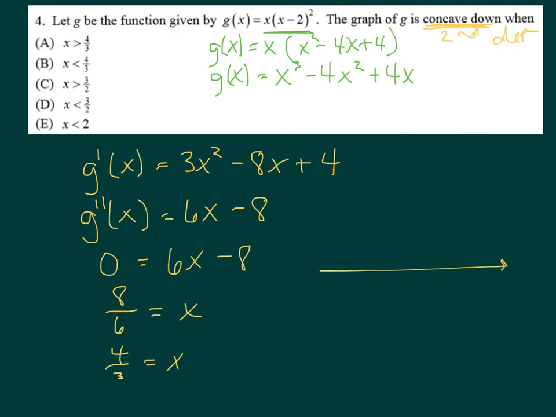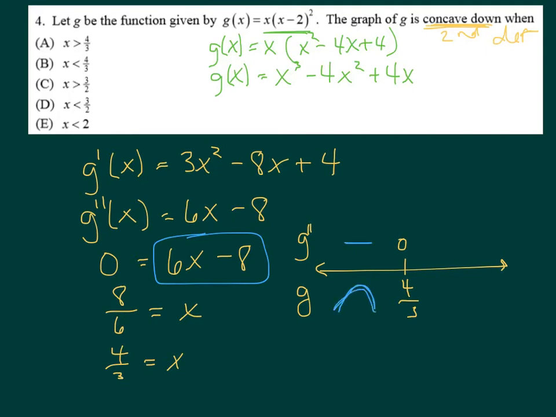All right, so now I'm going to go ahead and set up my sign chart, but this time it's for the second derivative. Okay, so obviously 4/3 goes on there. And I'm looking for a number less than 4/3 to test and bigger than 4/3, testing into my second derivative. If I test a 0, that would be 0 minus 8, which is negative. So I would have a negative here, which tells me this is concave down.